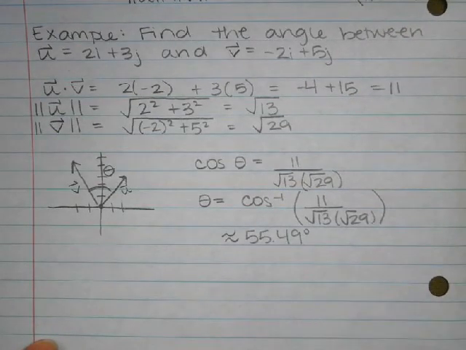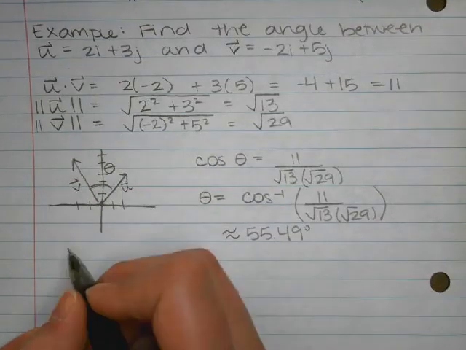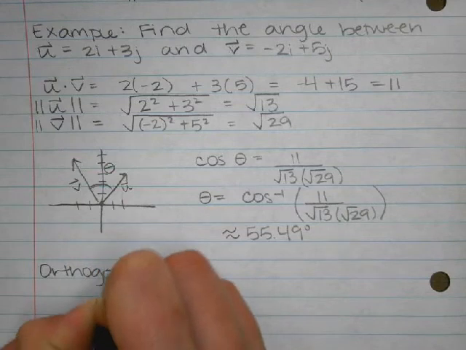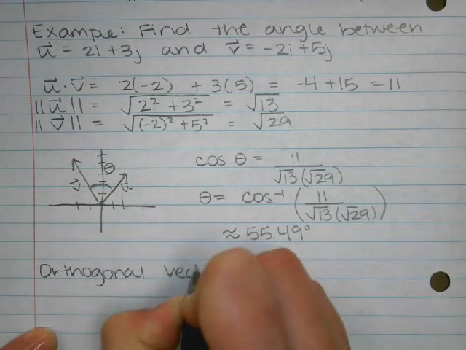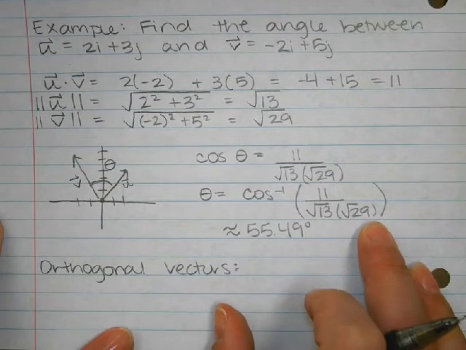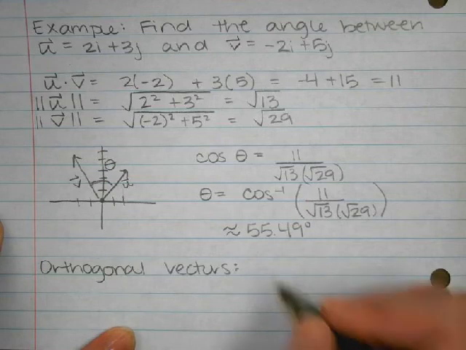There's one more definition I want you to put on here, which is orthogonal vectors. Orthogonal vectors are vectors that form a 90-degree angle, so that means they're perpendicular.